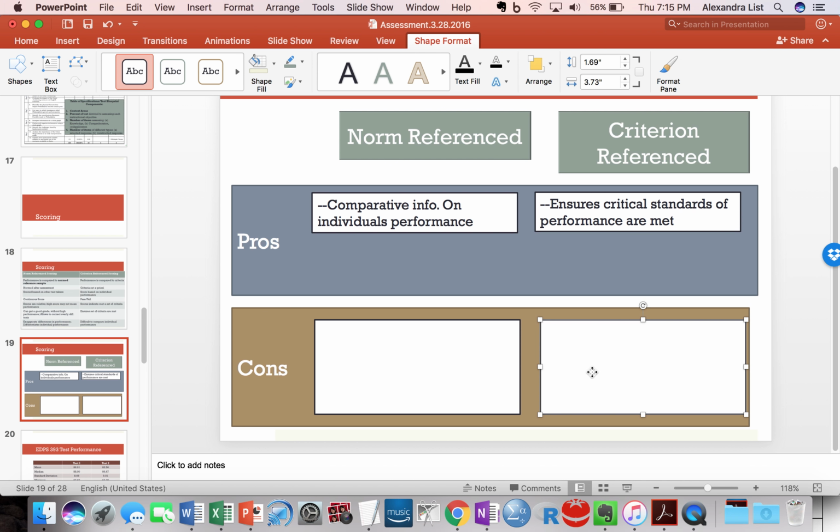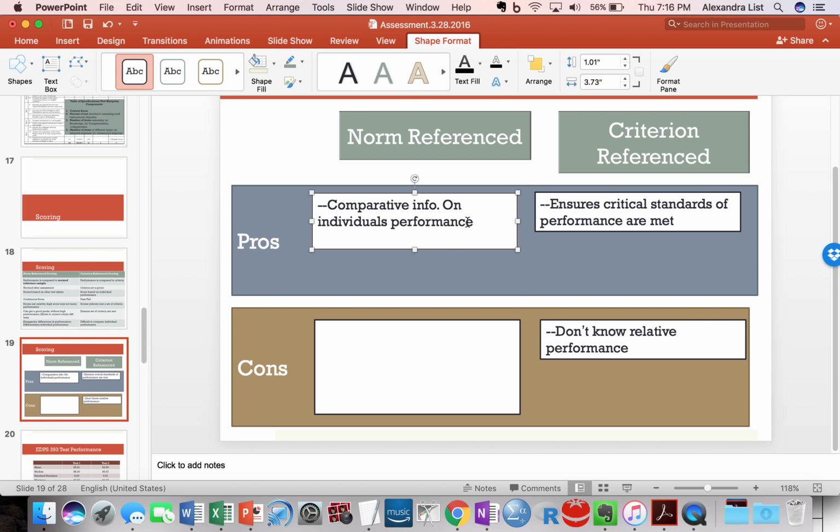Of course, a drawback of criterion referenced is we don't get a lot of variation in how individuals perform. So we don't know relative performance. I couldn't tell you based on a pass-fail criterion reference test whether you did very, very well or just kind of well, whereas we get that gradation of performance when we talk about norm referenced. So it's not just comparative information, we get a continuous score, which gives us a little bit more information about how you did.